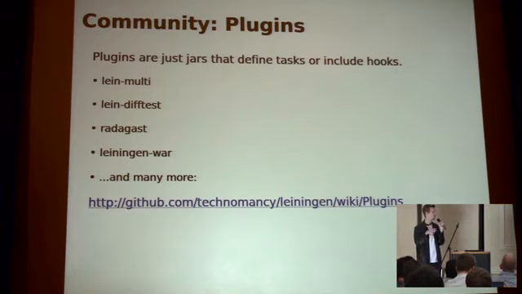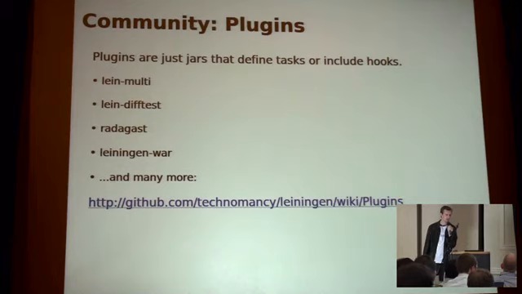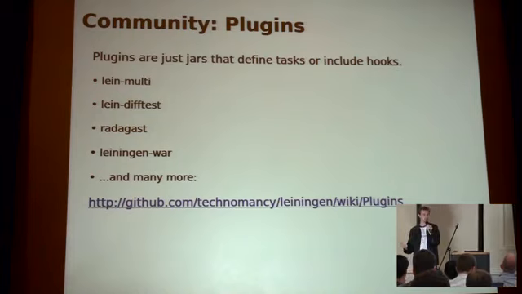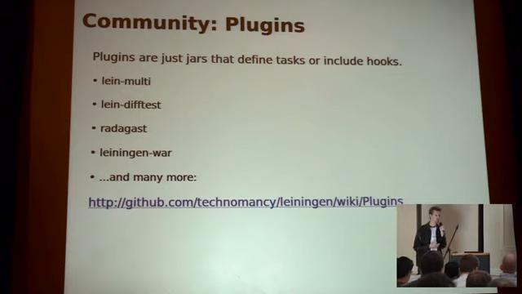So in your project.clj, you have your list of dependencies. Lein-multi lets you define parallel sets of dependencies. Say you want to make sure your project works with Clojure 1.1, 1.2, and 1.3. That'd be kind of a pain in the neck, but this lets you say, okay, I have this set of dependencies.